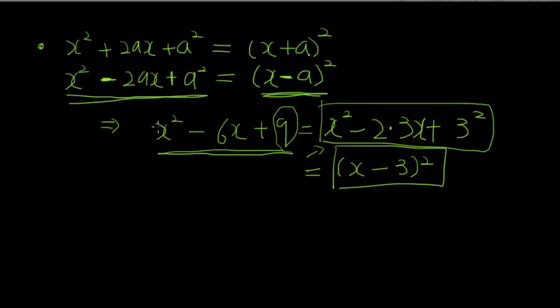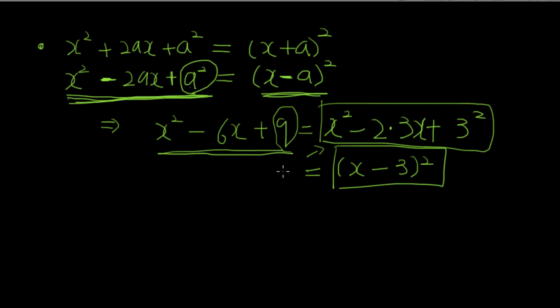Another tip is that if you recognize this format, x squared, x, and the number, the last number right there should be something in square form. So it should be a nice number like 9, which is 3 squared, or 4, which is 2 squared, or 16, which is 4 squared, or 25, 5 squared, and 36 and so forth.